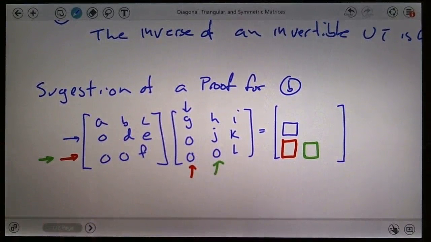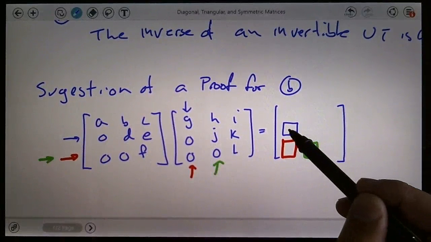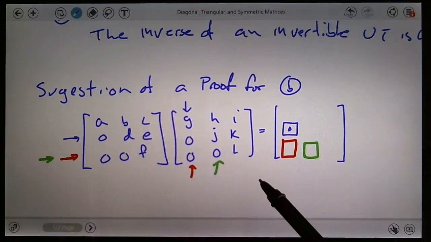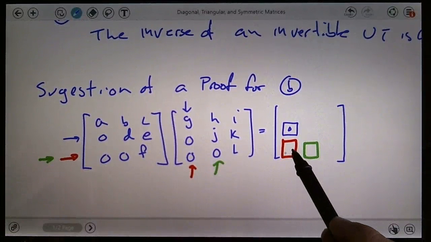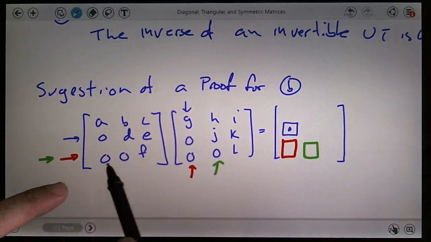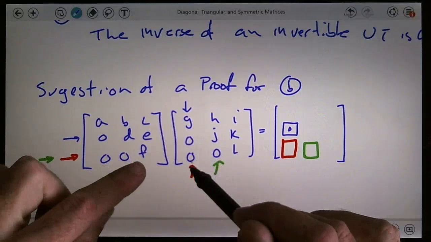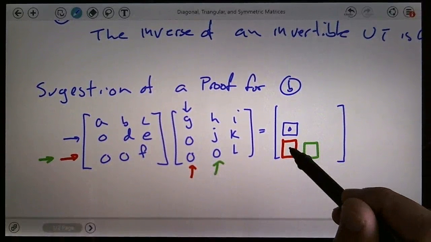When I add them all up, I end up with 0. There's just enough zeros to make that entry equal to 0. Likewise, this entry, third row, first column, I'm taking the third row here and the first column there and getting 0 plus 0 plus 0. That also is a 0.